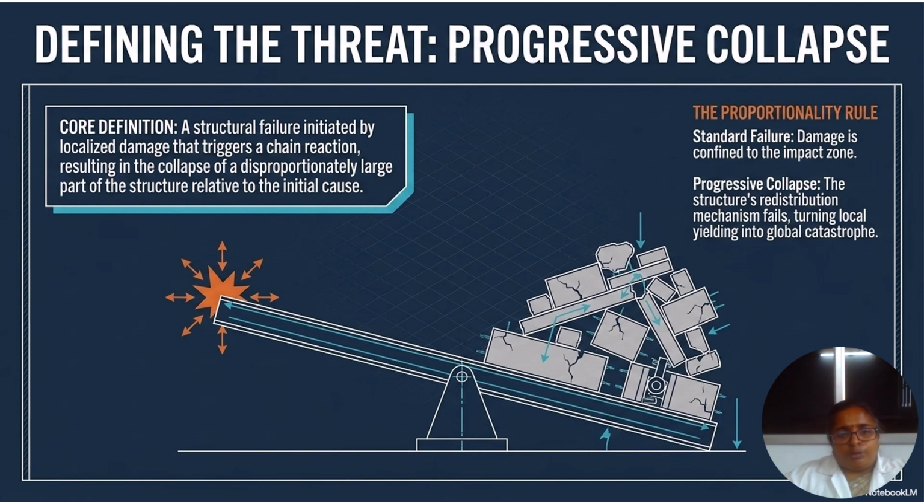In progressive collapse, the structure's redistribution mechanism fails, turning local yielding into a global catastrophe. The standard failure rule is that damage is confined to the impact zone. But in progressive collapse, the damage first occurs locally, but within a fraction of a second it causes the entire structure to collapse.